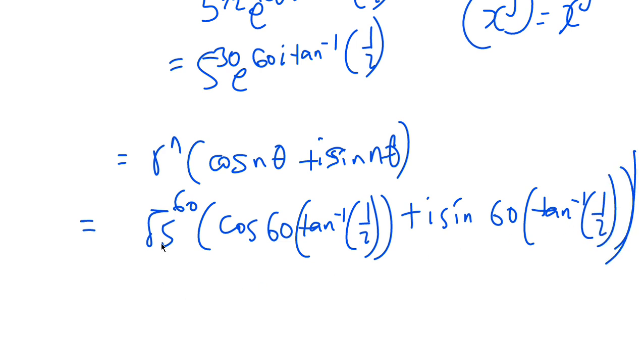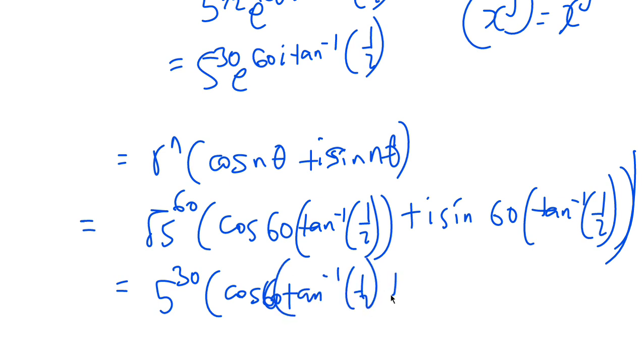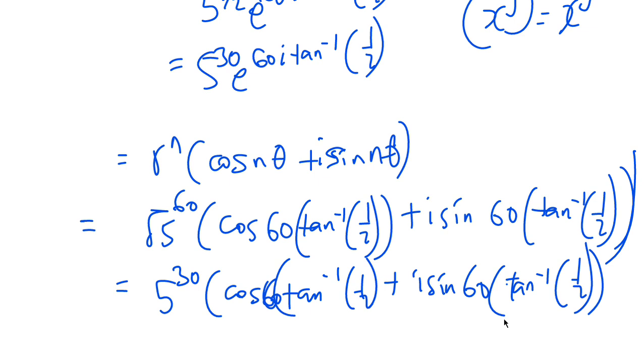If you get it, then root 5 raised to the power 60 will give us 5 raised to the power 30 as I've explained, and then into cos of 60 tan inverse of 1 over 2 plus i sine 60 tan inverse of what? 1 over 2.